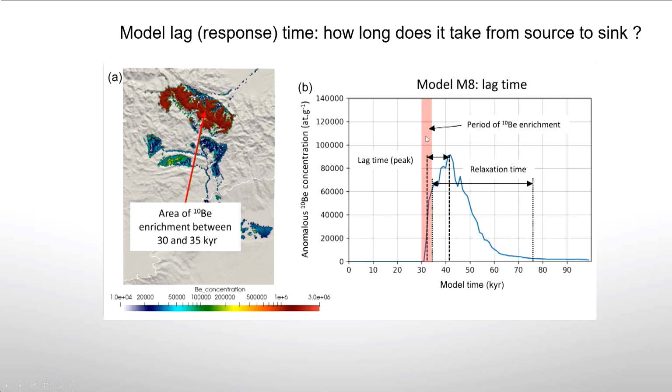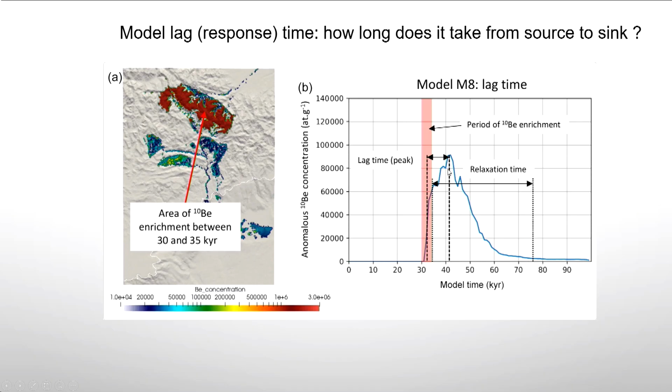begin during the period of beryllium-10 enrichment on land in the high massif. But in fact, if you look at the time it takes to reach its maximum, it's already more than 10,000 years later. And if you look at the time it takes to go back to the normal, which is 0 in this case, it takes more than 50,000 years.